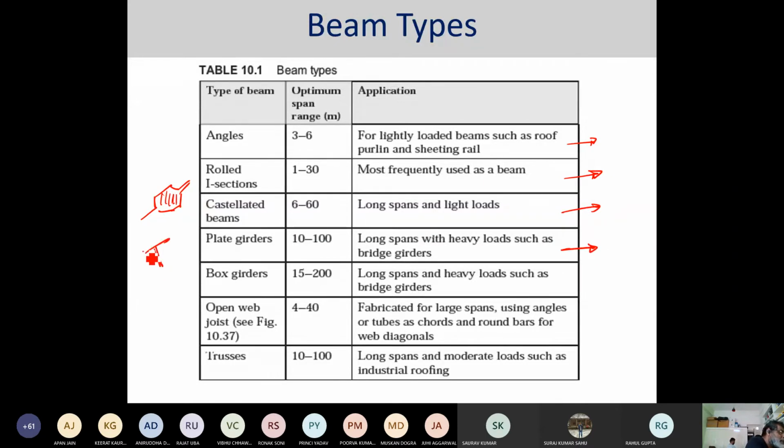Plate girders are basically built-up sections which are like that. And just all steel, that ends up becoming a plate girder. Box girders can be used for this. Open web joists can be used for something. Trusses can be used for something else. And these are the kind of spans that these are typically used for. Is this okay? Yes, sir.